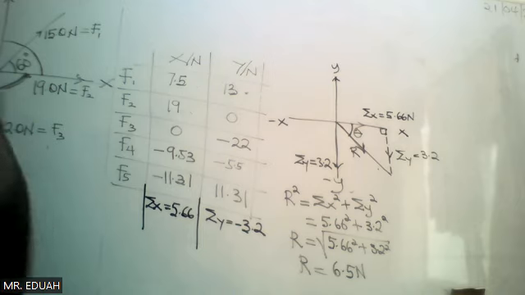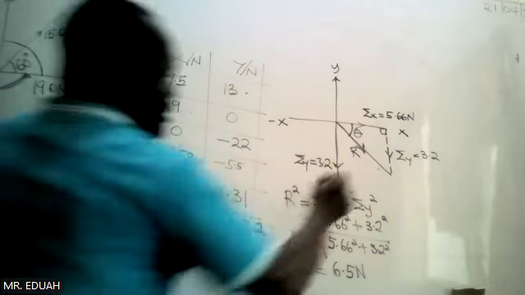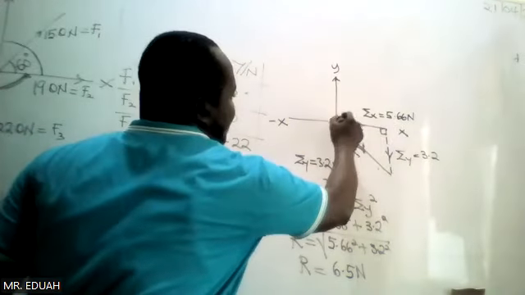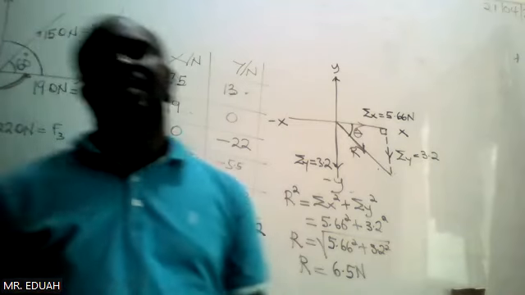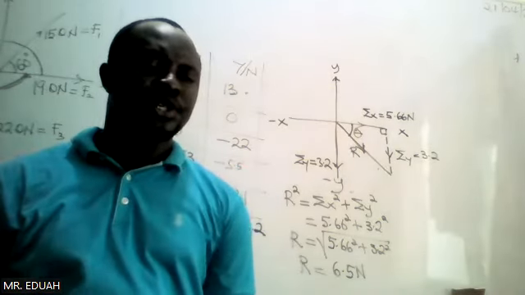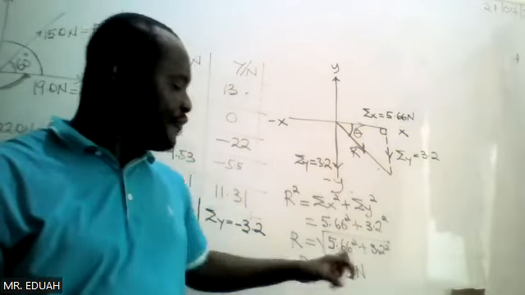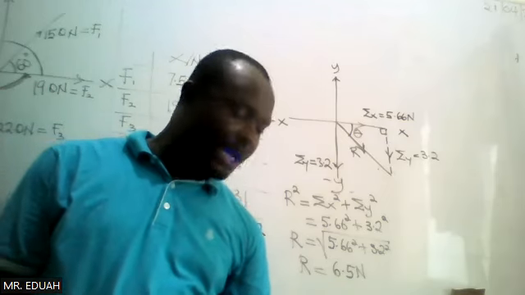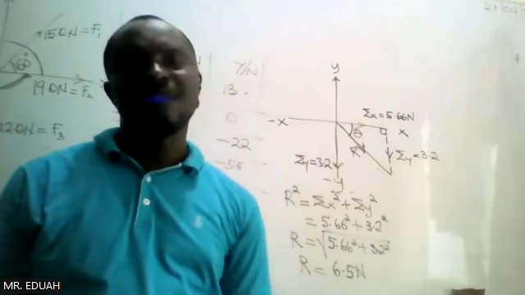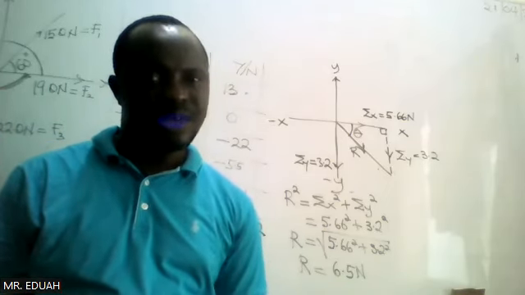So if that is where it's supposed to be, then I have the opposite and the adjacent. Even though we found the resultant, so we more or less have all the sides of the right angle triangle.